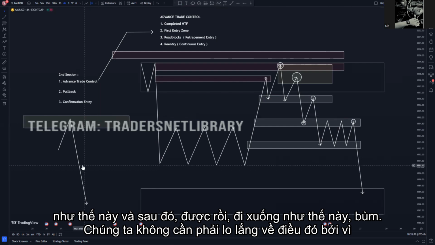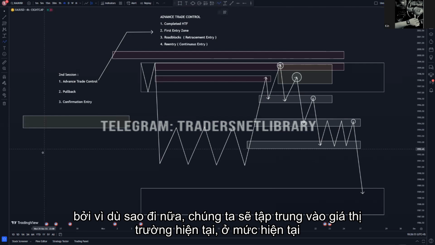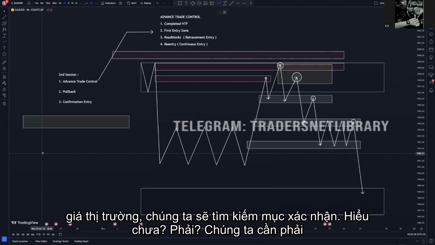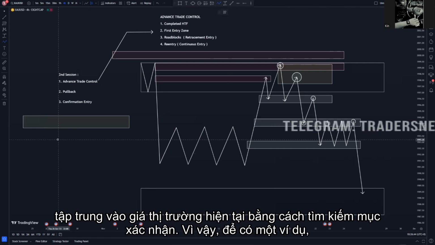We don't need to worry about that, because we are going to focus on the current market price, where we look for the confirmation entry. Get it? We need to focus on the current market price by looking for the confirmation entry.